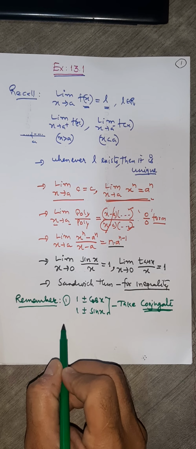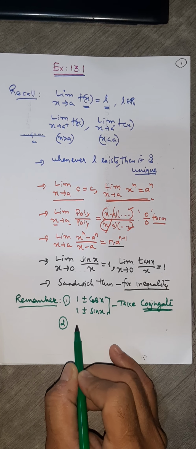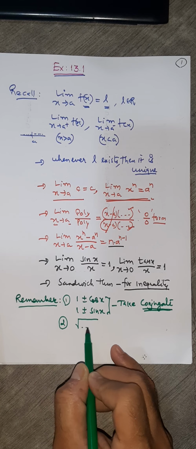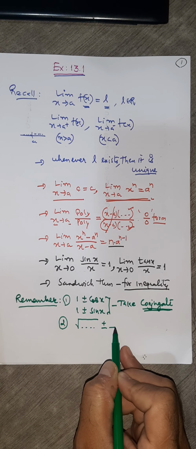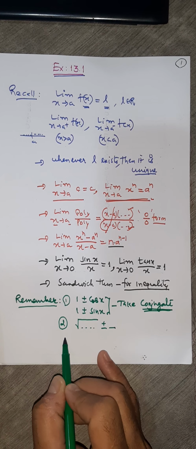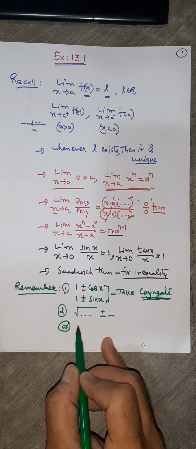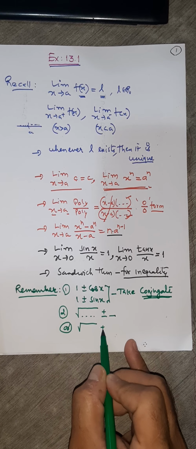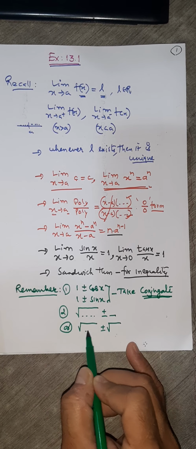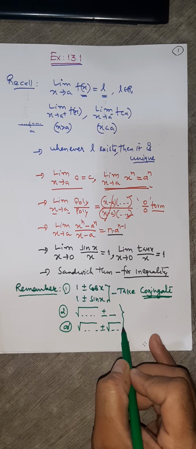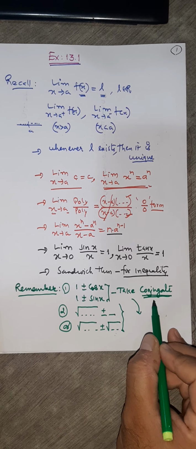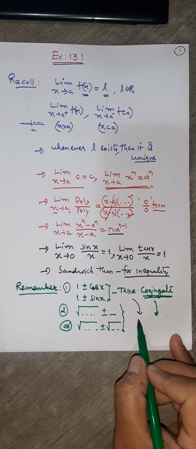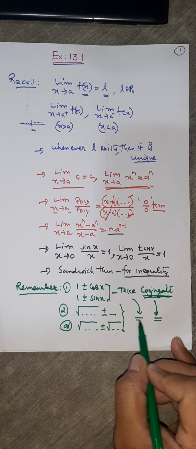And the second thing, if you have a root expression in a limit question like this, plus or minus some constant, or if you have a root plus or minus one more root in both places, then again you do the same thing, take the conjugate.